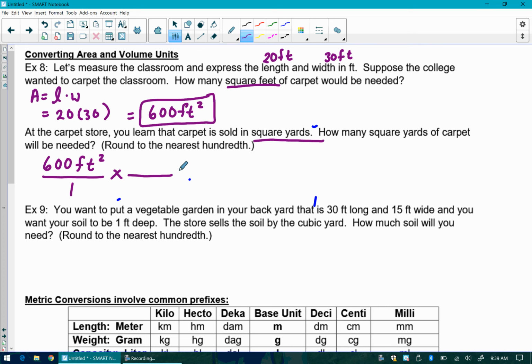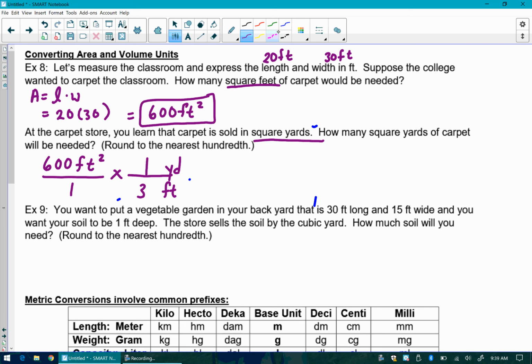And hopefully you would agree that you can, because looking at the top of your formula sheet, 3rd row down, it tells you that there are 3 feet in 1 yard. So again, I'm going to ignore this squared here just for a moment. So if I want to get rid of these feet, I'm going to put feet on the bottom and yards up top. And we know that there are 3 feet in every 1 yard.